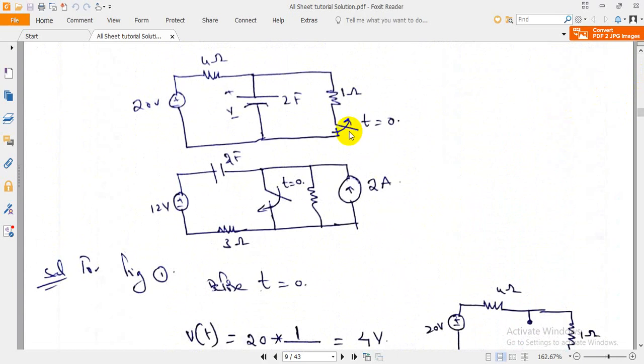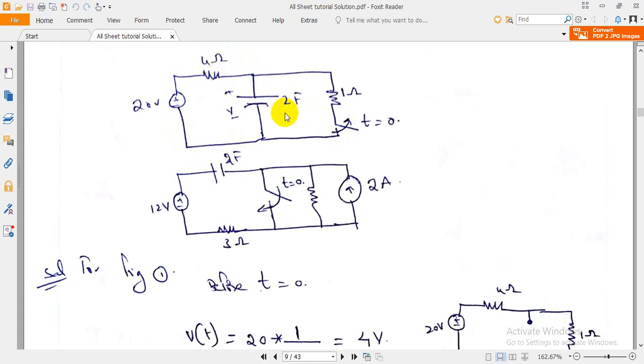When the switch is open after t equal to 0, in the whole circuit you will get a 4 ohm resistance and a 2 farad capacitance.